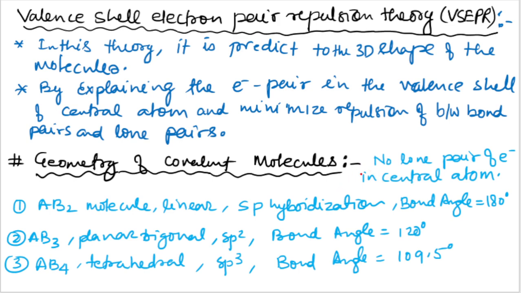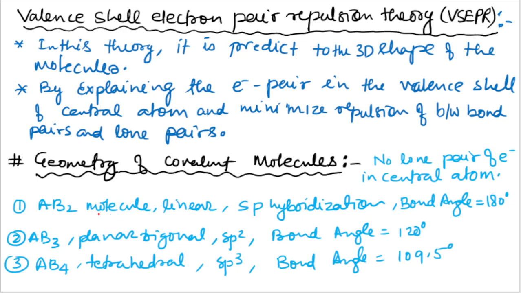Now we talk about those molecules that have no lone pairs of electrons in the central atom, only covalent bonds formed. First, AB2 types of molecules.